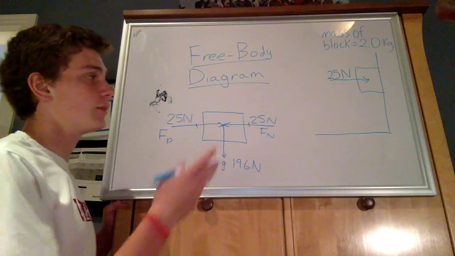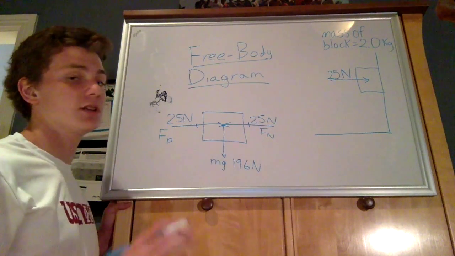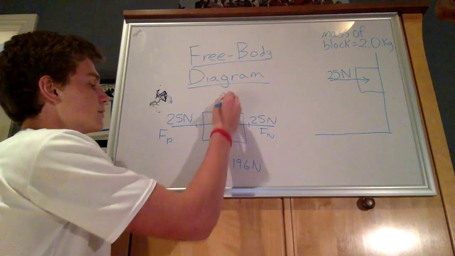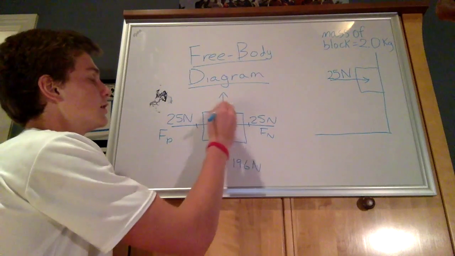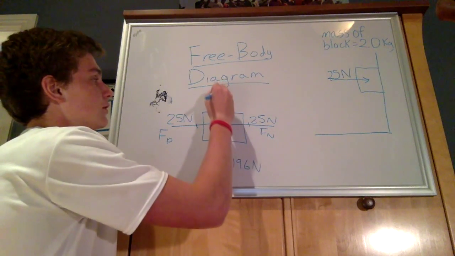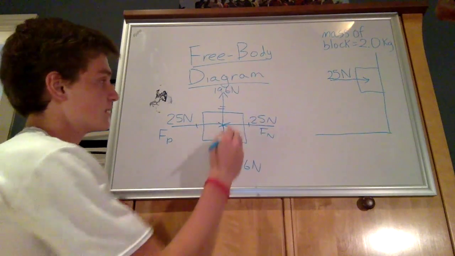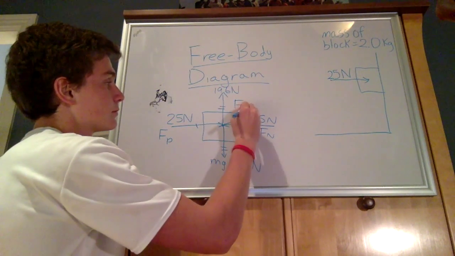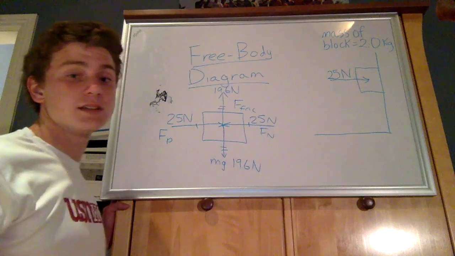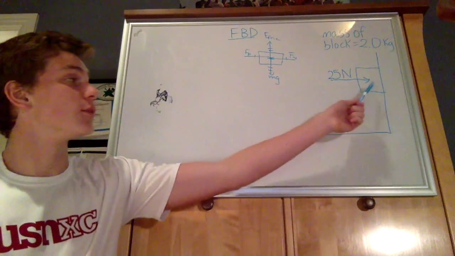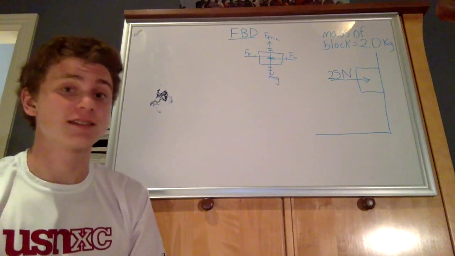And again, because the object is not moving in the vertical direction, it's static, there must be an equal force in the vertical direction. And this force is the friction force because it's preventing motion.